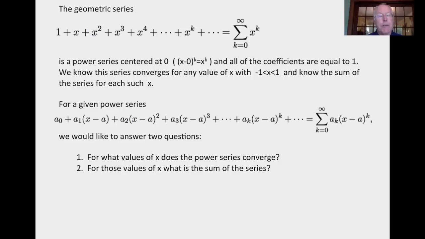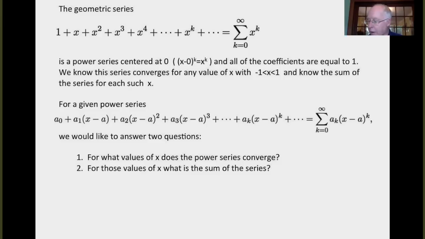Now, for a given power series, a0 plus a1 times (x minus a) plus a2 times (x minus a) squared, and so forth, we're going to try to answer two questions. First, for what values of x does the power series converge? Again, as we saw in the geometric series, this series does not converge for all x.